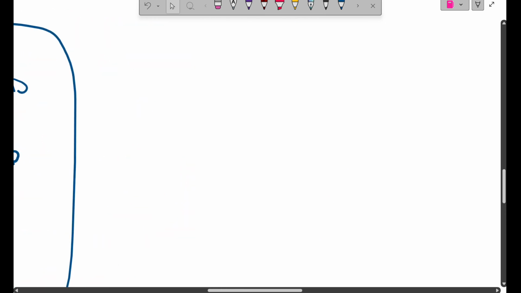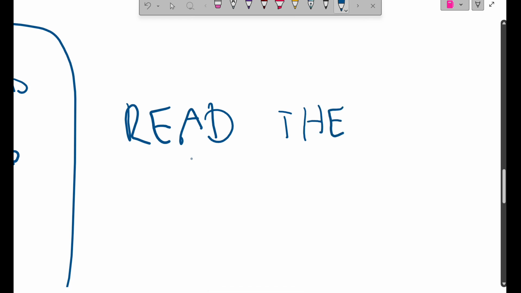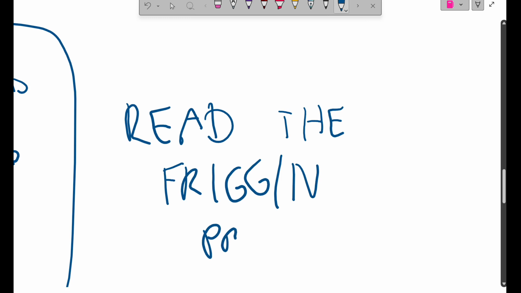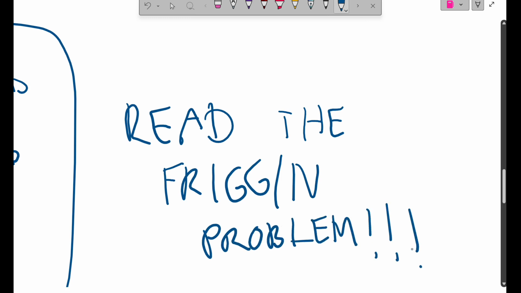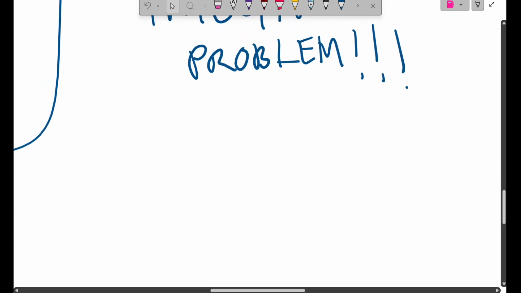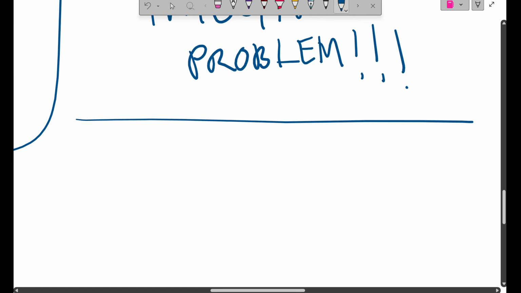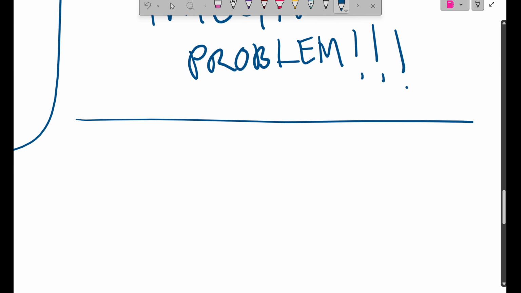And this is just going to apply in general. I'm literally writing it down: read the problem. Especially because I'll let you in on a little secret: Professor Glenn is not going to take problem 20 from the homework and just put it on the exam.